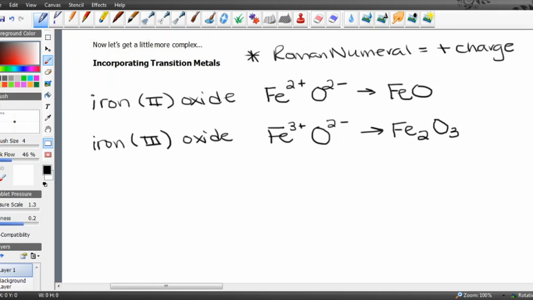Okay, now let's do a couple of transition metal examples where I give you the formula and you have to come up with the name. These are a little bit trickier. Let's say I give you the formula CuS.